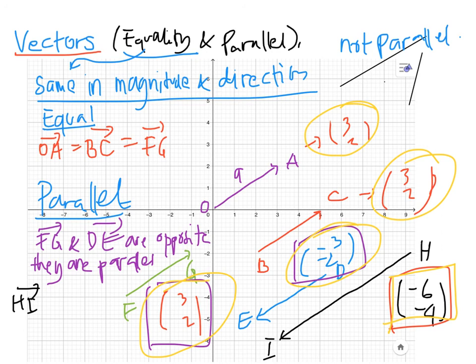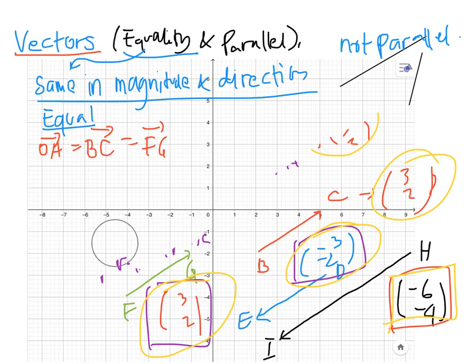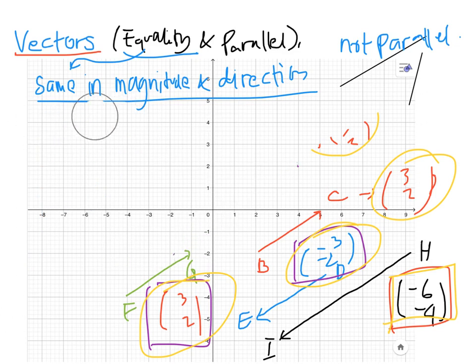Okay, let me erase all these things so I can make the formalization, like the formula. Equal is rather easy because you can just see it. But when it comes to parallel, we need a condition or a formula.